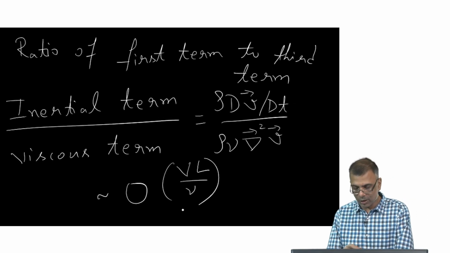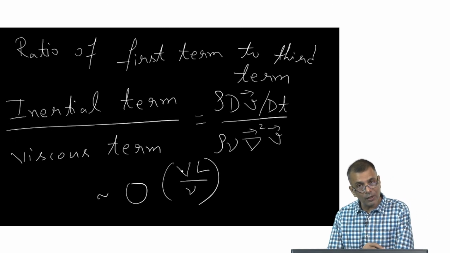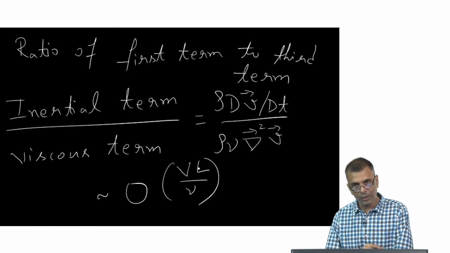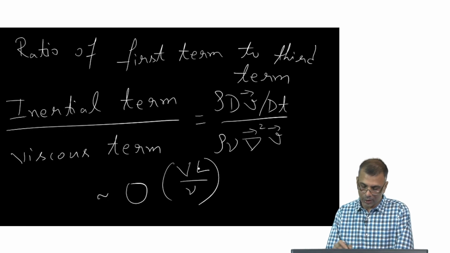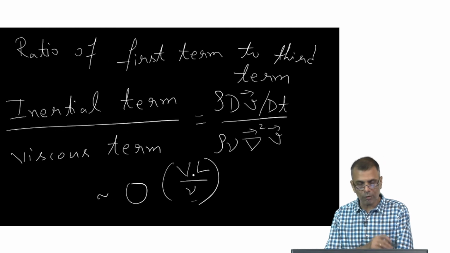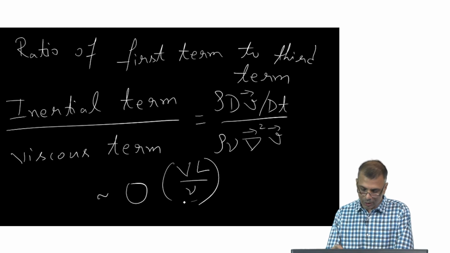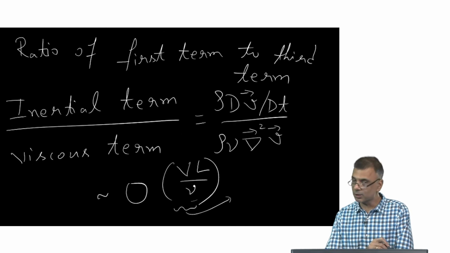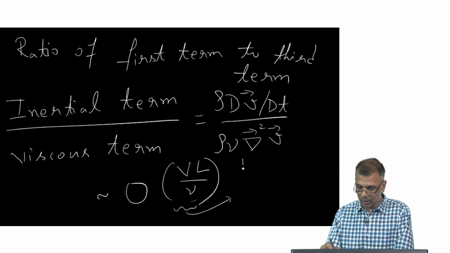This is essentially some characteristic velocity in the fluid times some characteristic length scale in the fluid flow to be precise, and nu is the coefficient of dynamic viscosity. And this is another dimensionless number. You can verify that this is dimensionless indeed; the dimensions are 0. And this is something called the Reynolds number.